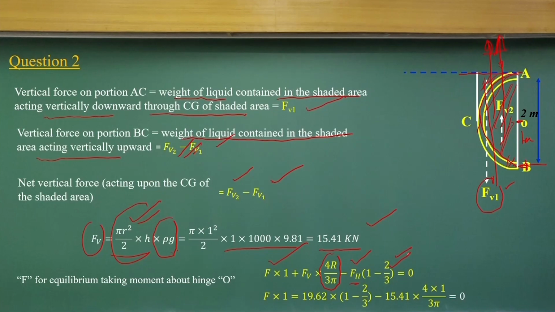The sum of the moments about the hinge should equal 0, the concept we have used. Then F into 1 becomes 0, so the force F has a value of 0.